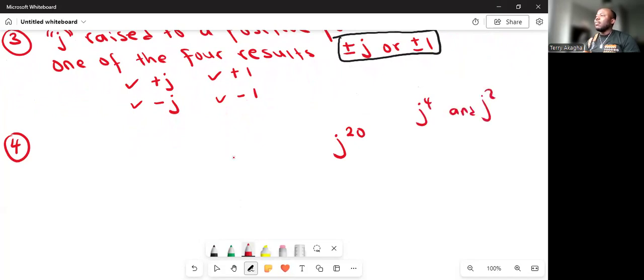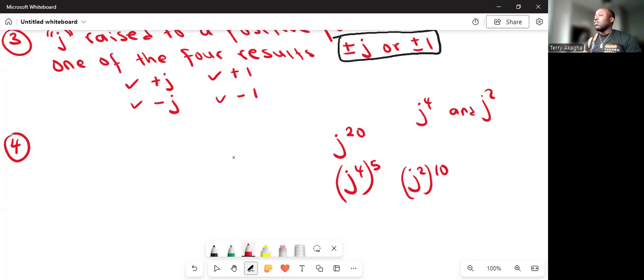So I can say this is the same thing as (j^4) all raised to the power of 5, or I can say this is the same thing as (j^2) all raised to the power of 10. Because I know j^4 is 1, and j^2 is -1.